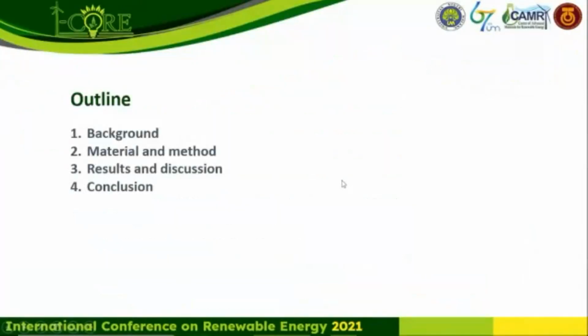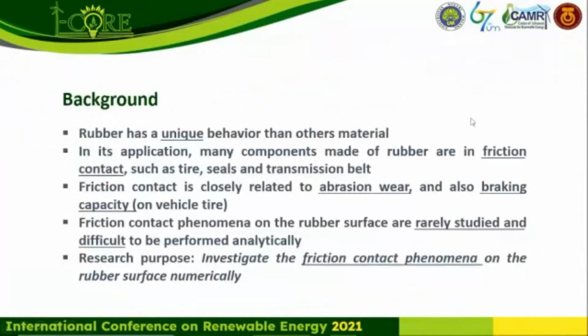My presentation outline is like this: number one, background; number two, material and methods; number three, results and discussion; and the last is conclusion. My background: rubber has unique behavior compared to other materials. Rubber is easily deformed when it gets some force. In application, many rubber components are in friction contact, like tires, seals, and transmission belts.